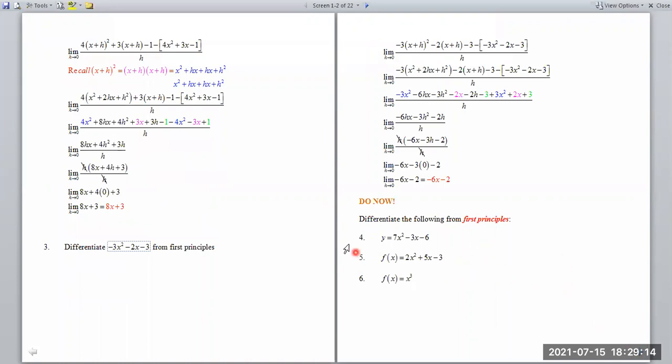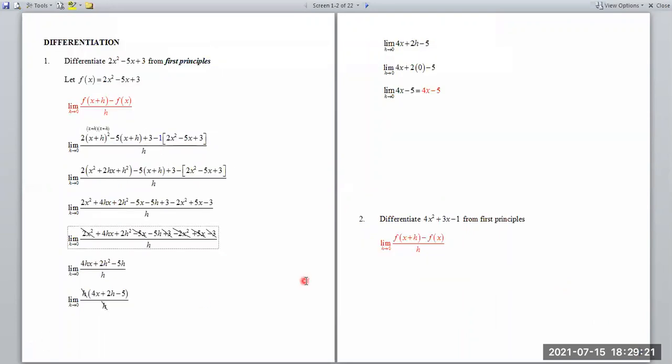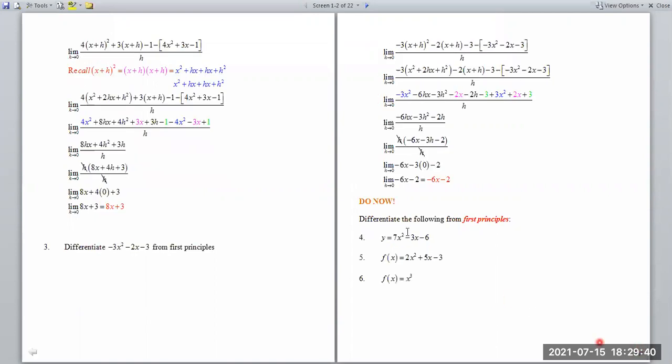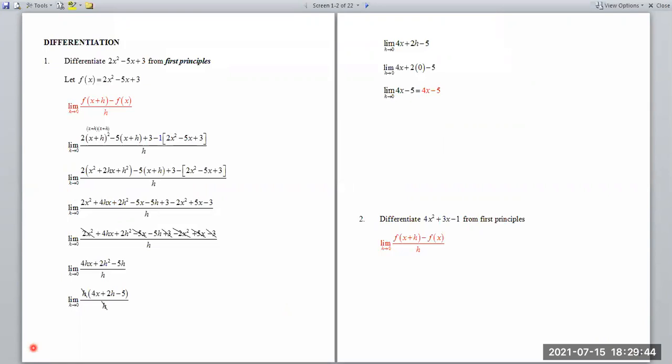All right, so let us look at what is happening here. You have the question, and remember what the question is: 4x squared plus 3x minus 1, and we're doing it from first principles again.